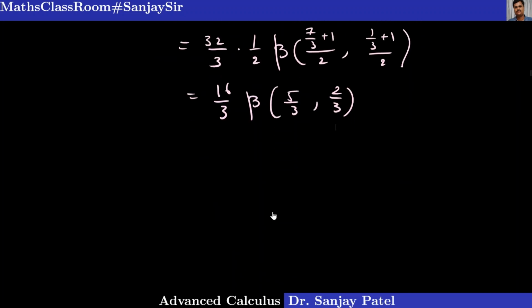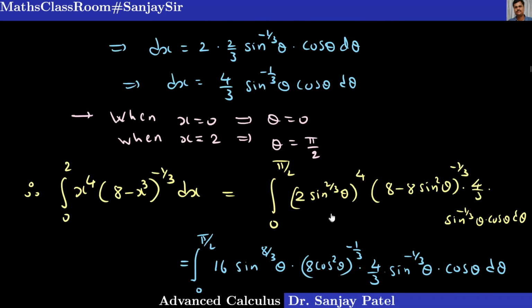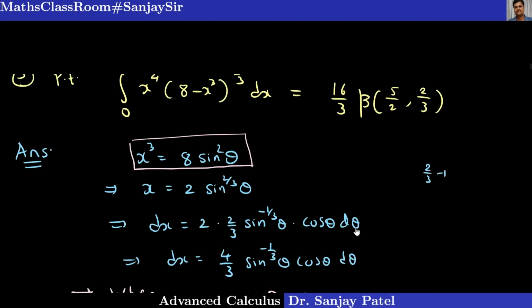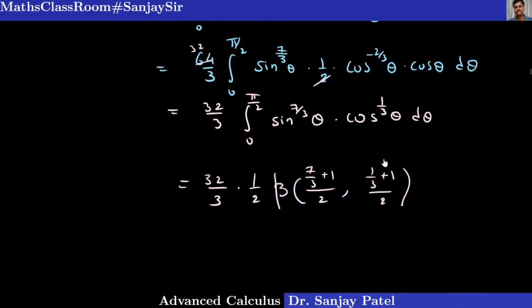So this now we can write in terms of gamma function using the relation between beta and gamma. So this into gamma 5 by 3, or I think it is not required actually, because our answer is only this much. Let me check here. 16 by 3 into beta of 5 by 2 comma 2 by 3, and that's all.